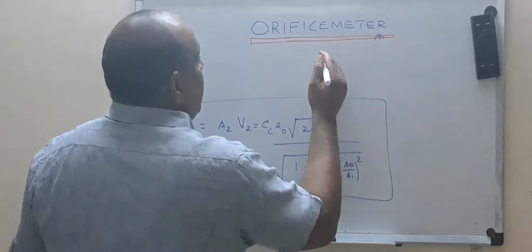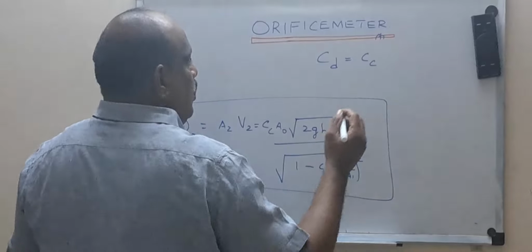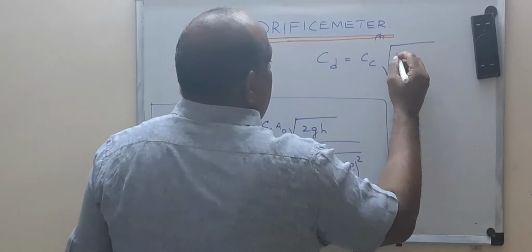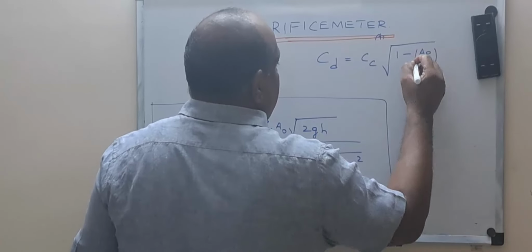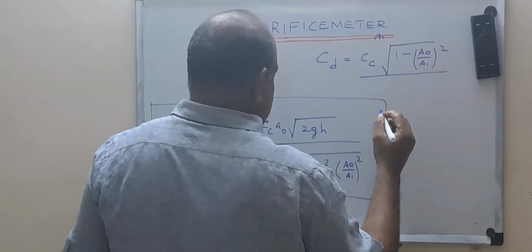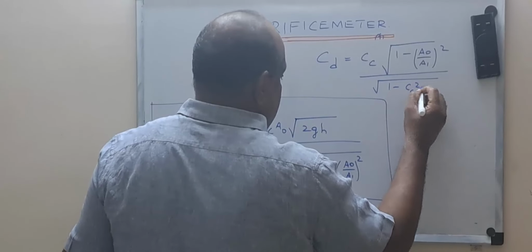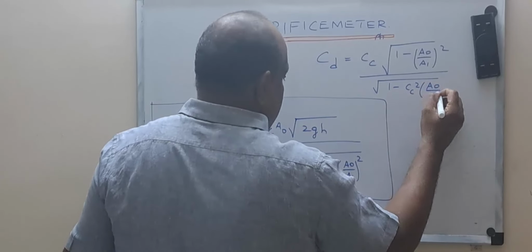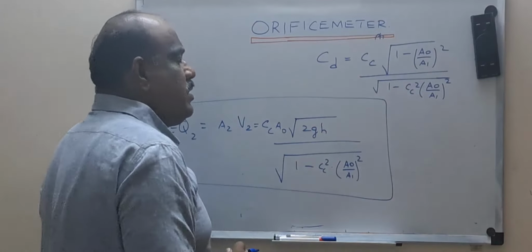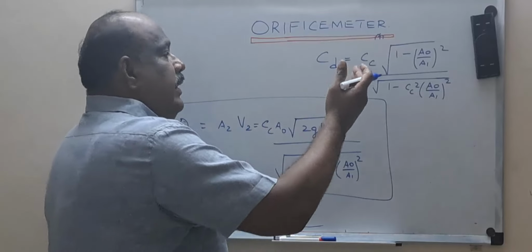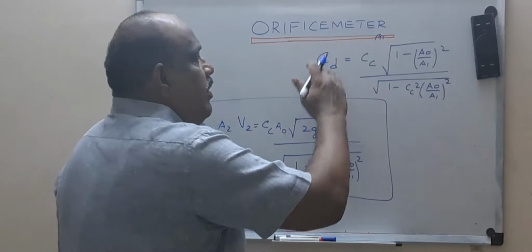So you see here, Cd will be equal to Cc into square root of 1 minus (A0 by A1) whole square, divided by square root of 1 minus Cc squared into (A0 by A1) whole square. What is Cd? Coefficient of discharge is nothing but the ratio of the actual discharge to the theoretical discharge. So this value is given like this.